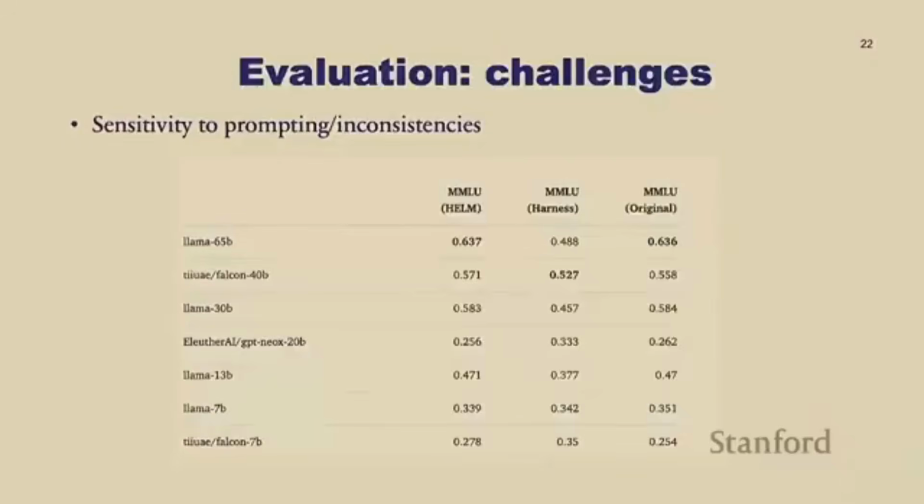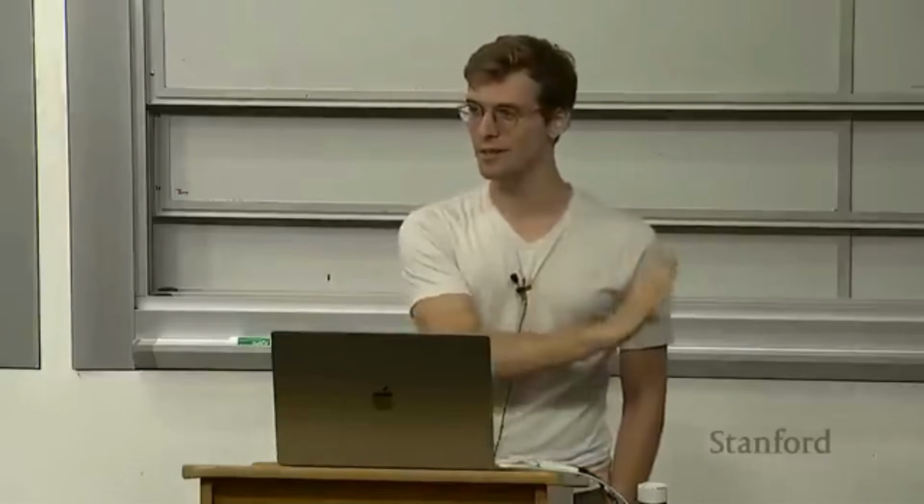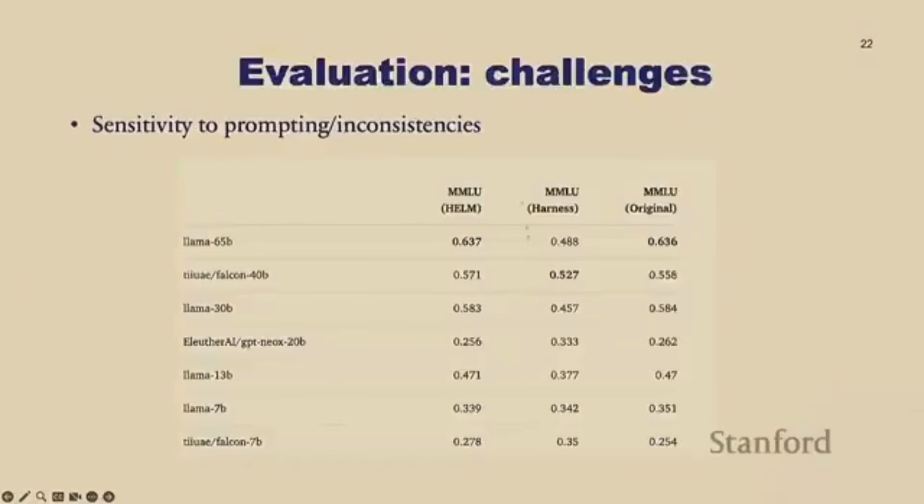Okay, so evaluation challenges, there are many. I'll just talk about two really briefly. One, as I told you, there are two ways of doing evaluation for these MMLUs. Actually, there are many more than two, but I gave you two examples. It happens that for a long time, even though it was a very classical benchmark that everyone used, different companies and different organizations were using different ways of evaluating MMLU, and as a result, you get completely different results.